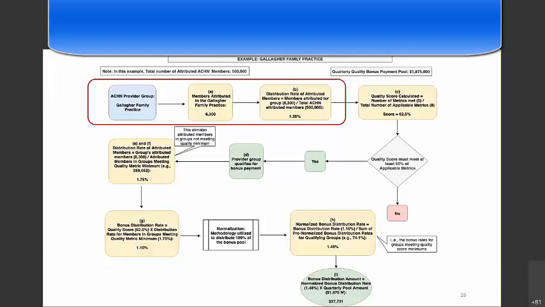This is calculated by taking the members attributed in the quarter for Gallagher Family Practice, which is 6,300, and dividing that by the total statewide ACHN attributed members of 500,000. This gives us a distribution rate of attributed members of 1.26%.